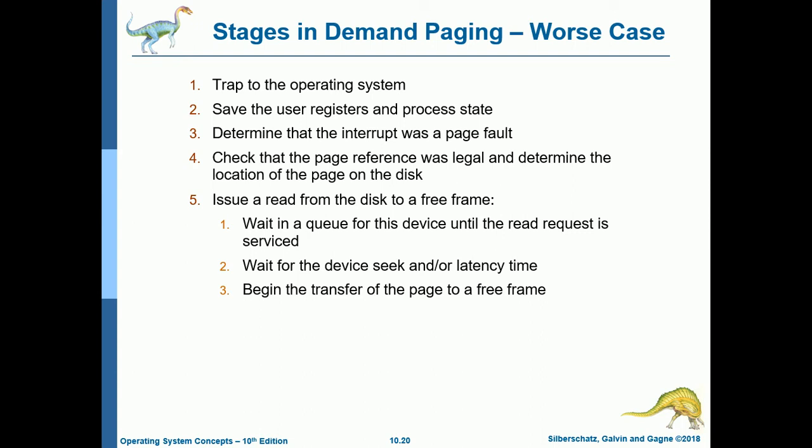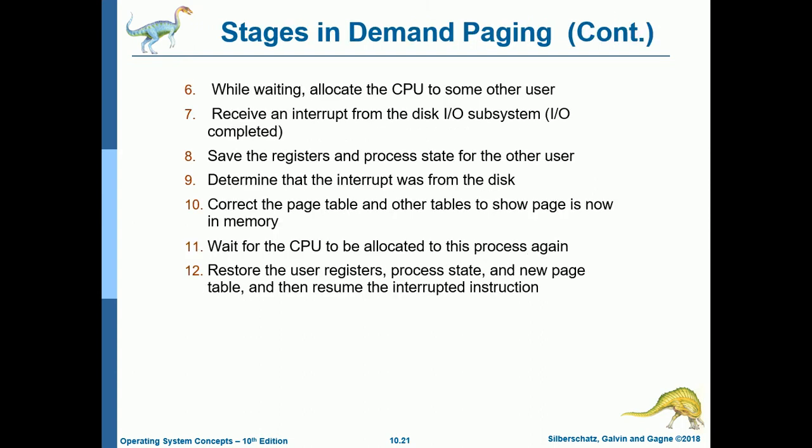Number 1, wait in a queue for this device until the read request is serviced. Number 2, wait for the device seek and/or latency time. Number 3, begin the transfer of the page to a free frame. Number 6, while waiting, allocate the CPU to some other user.